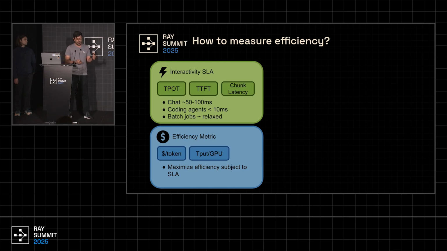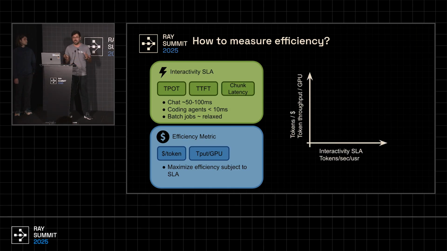Usually to see this concretely and compare different serving systems to each other, we plot this graph, where on the x-axis you've got some sort of interactivity SLA measure, like tokens per second per request. And on the y-axis, you measure efficiency, tokens per dollar or token throughput per GPU. A typical system will look something like this.